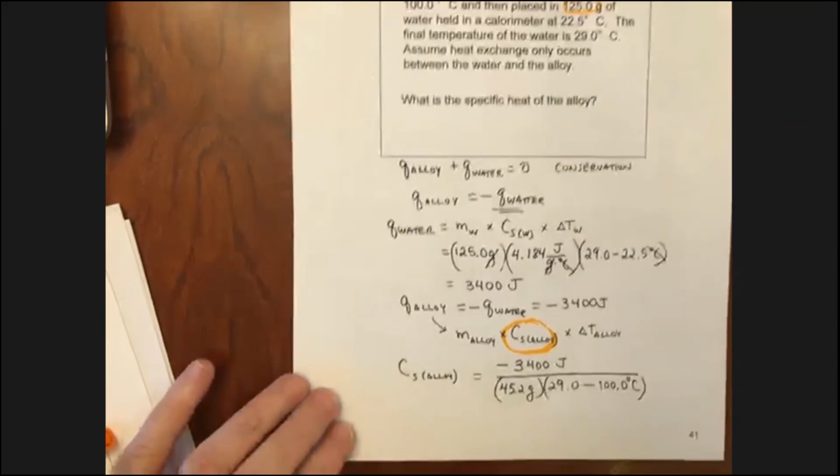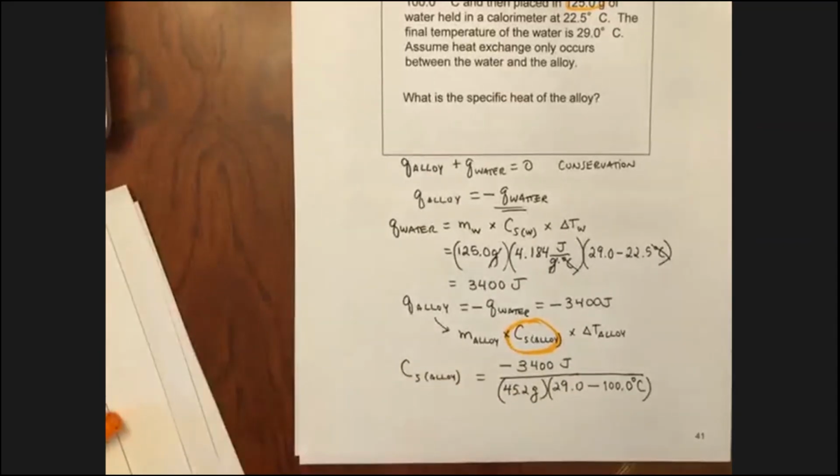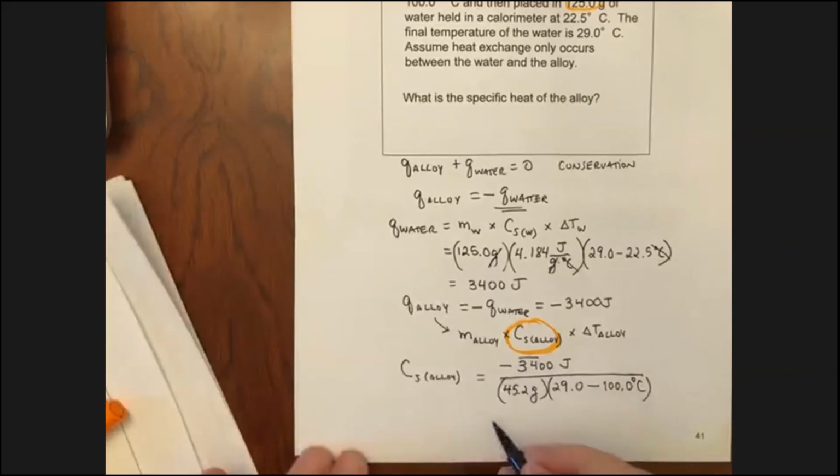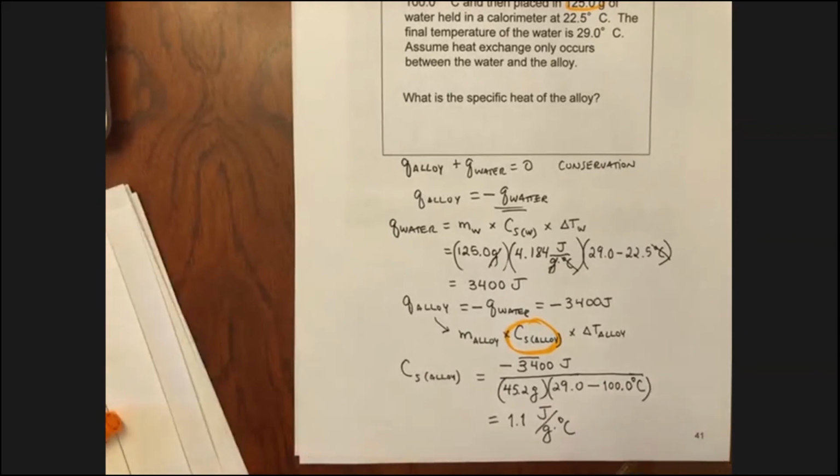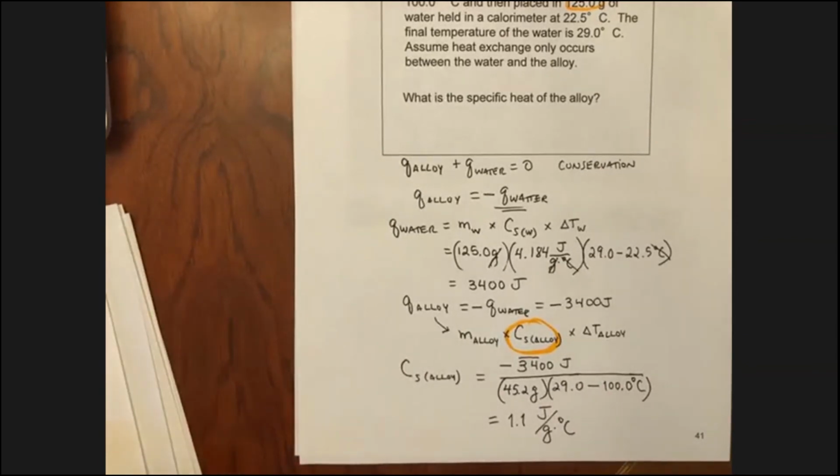I'm just going to show you what the final result is. This number here is going to be probably about 3 sig figs. But remember that our input value here only had 2 sig figs anyway. So when you do the calculations, this is going to come out to be 1.1. Look at the units, joules per gram per degree Celsius. Okay, so that is how we solve this problem.